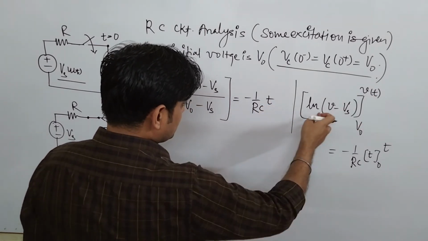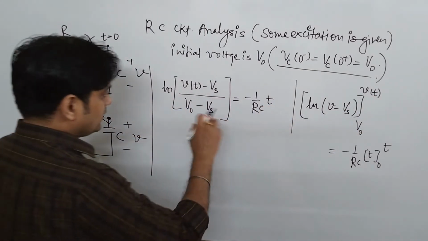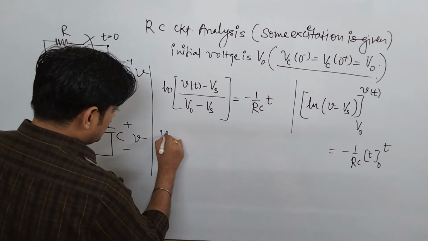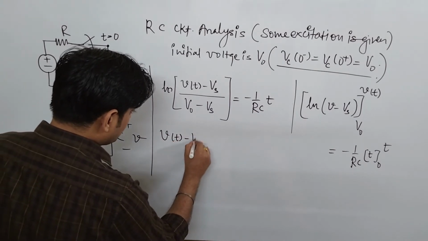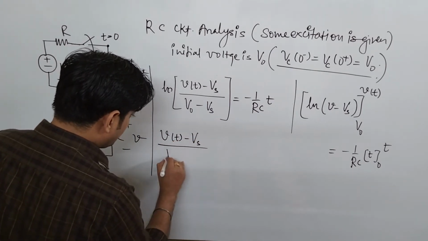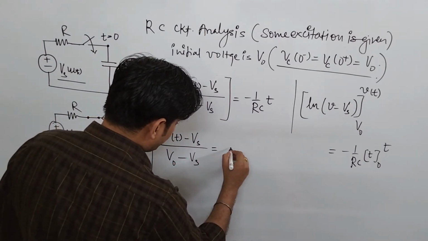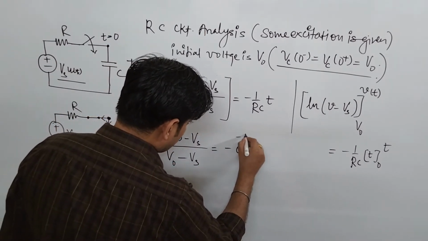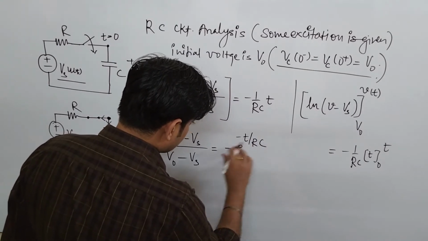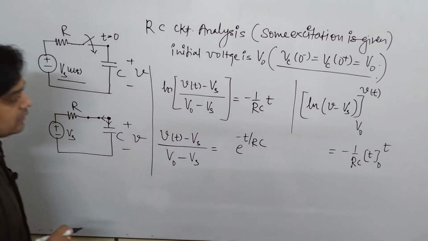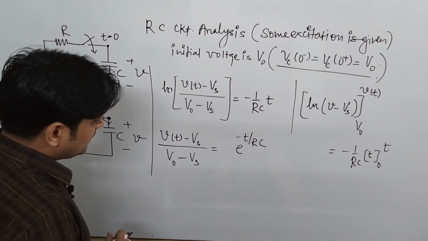Very simple, you just put in the limits and you have solved it. So that comes to be (Vt minus Vs) upon (V naught minus Vs) equals e to the power minus t by Rc.